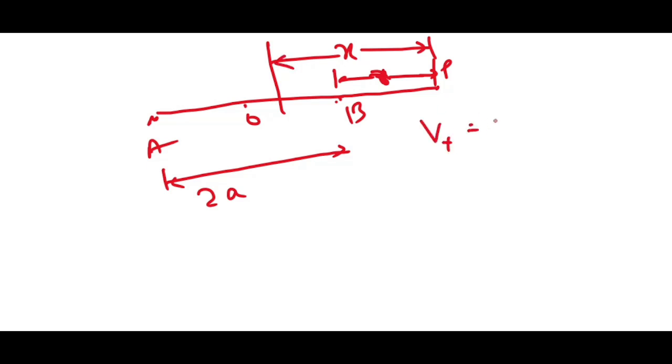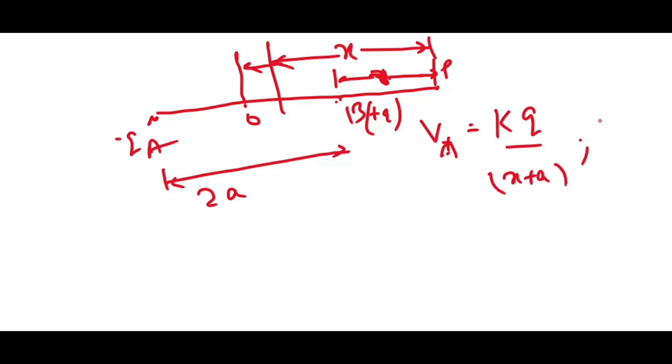V due to plus charge is K Q upon X minus R, and due to minus Q it is X plus R. V at A is X plus A, taking this as the center point. Similarly, V at B is K minus Q upon X minus A.